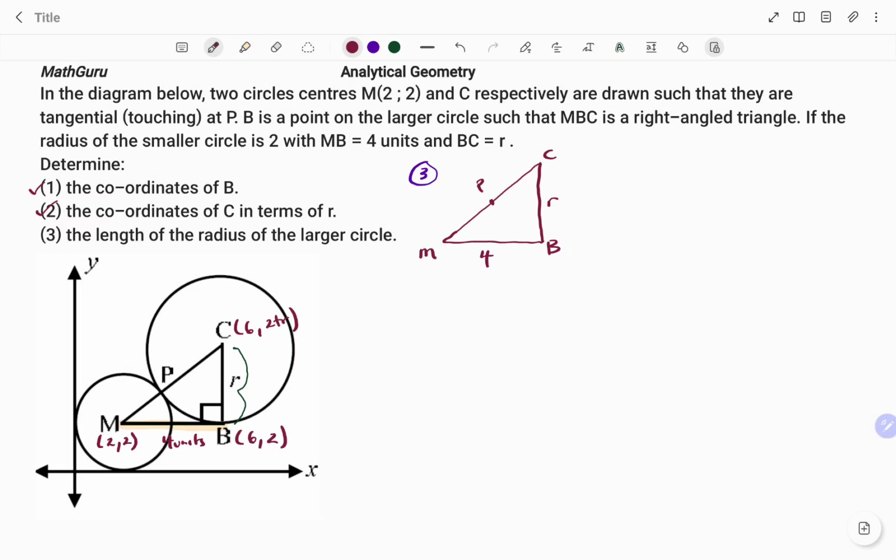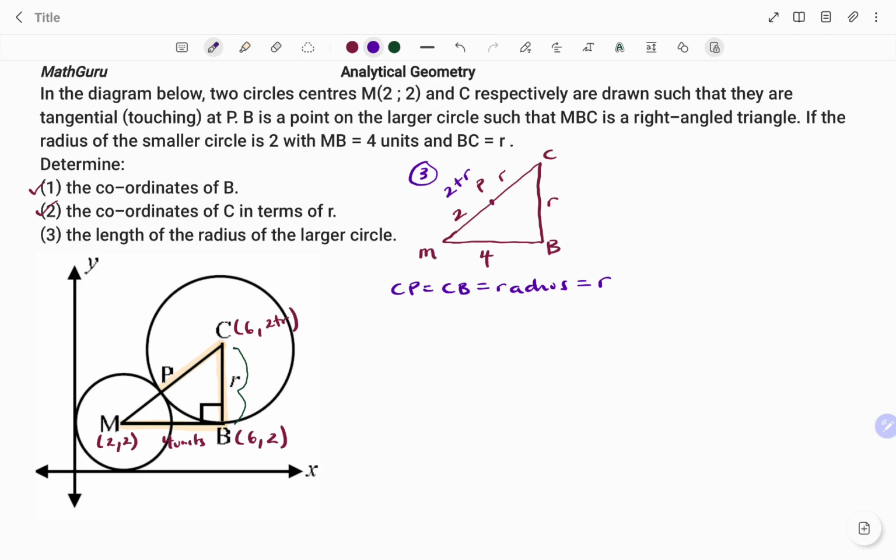The distance CP will also be R, because that is the radius of the circle. So CP equals CB, which equals the radius of the big circle, R. We're given the radius of the smaller circle to be 2, so MP is 2. In total, the distance from M to C is 2 plus R.